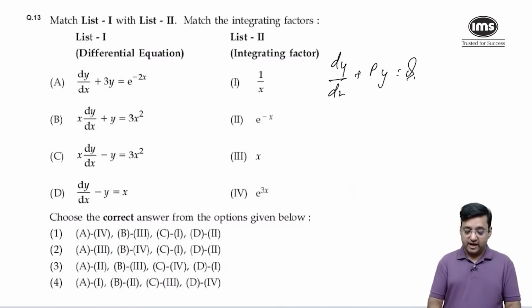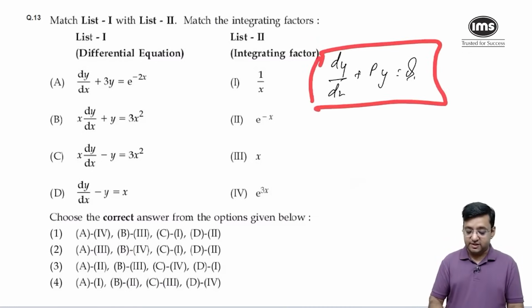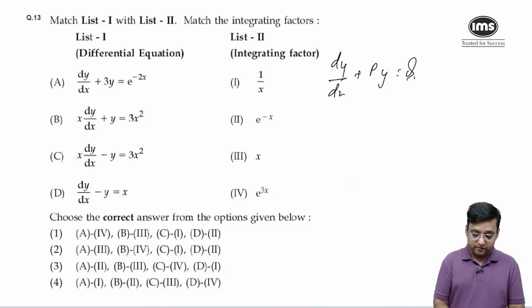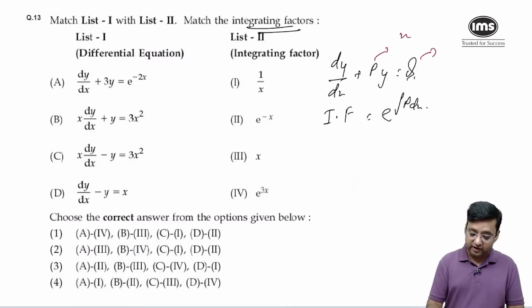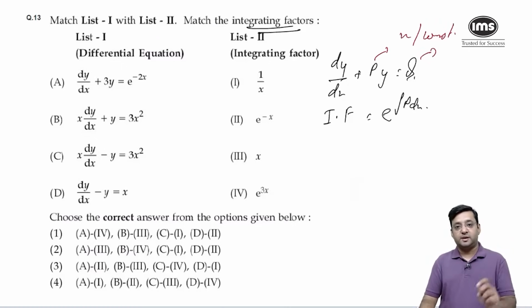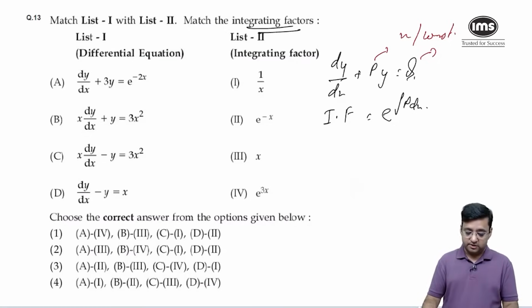If we have a linear equation, this is known as a linear equation function. You see in this question, what will be the integral factor which we need to find? This will be e to the power integration of p dx. Now, this p and this q have to be either in terms of x or constant.